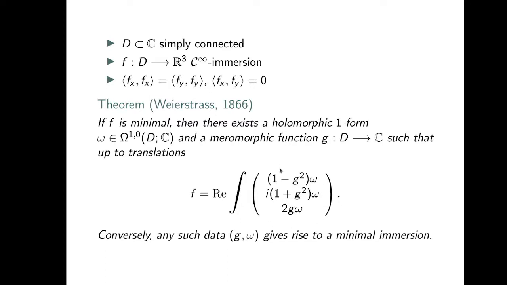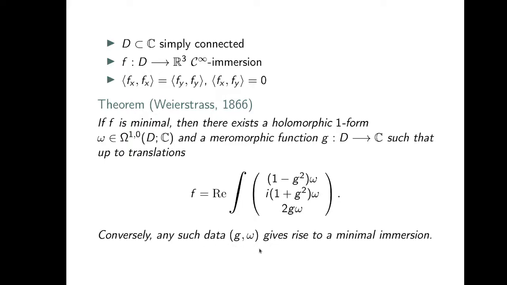So you compute using G and omega this three-dimensional complex vector, then you take a primitive of each component of this vector, which you can because D is simply connected, no multivaluation here. And then taking the real part of this vector gives you a map F from D to R3, which is minimal.